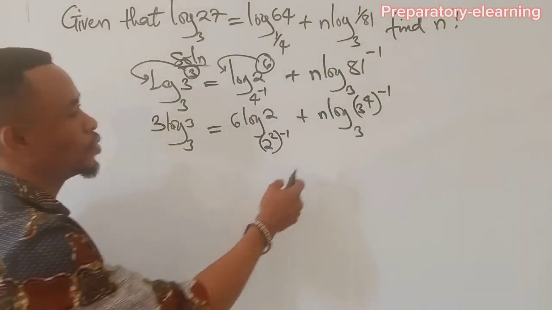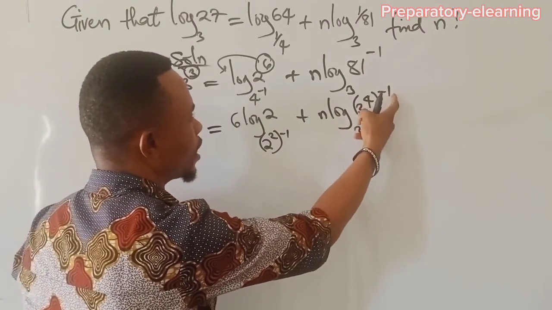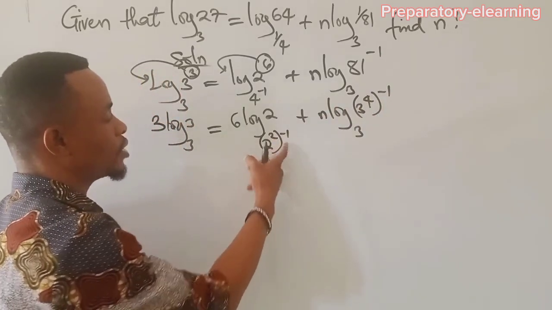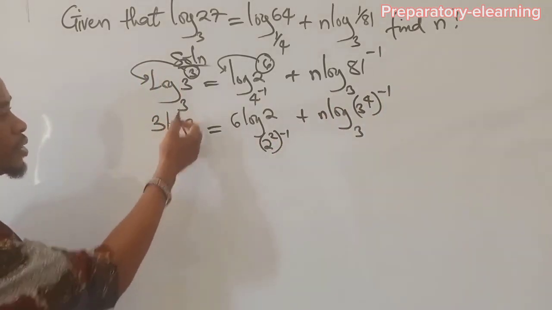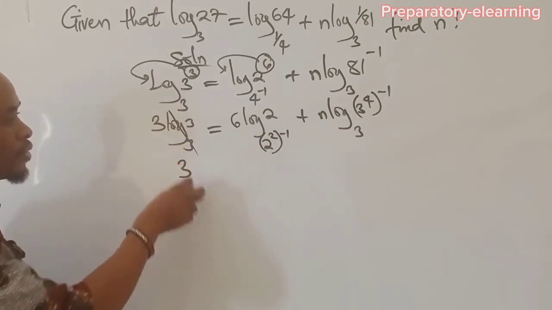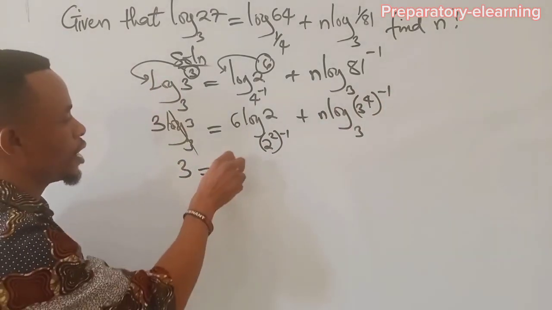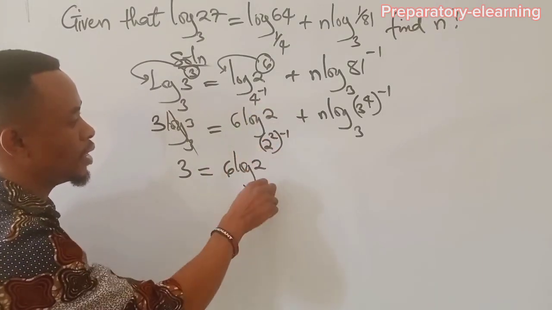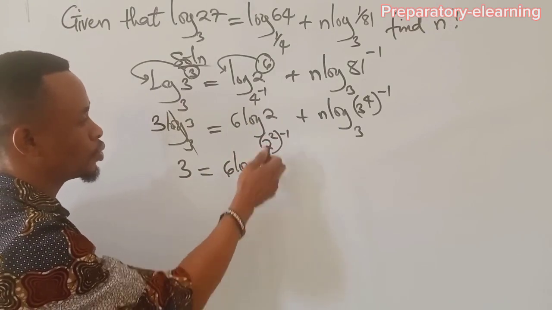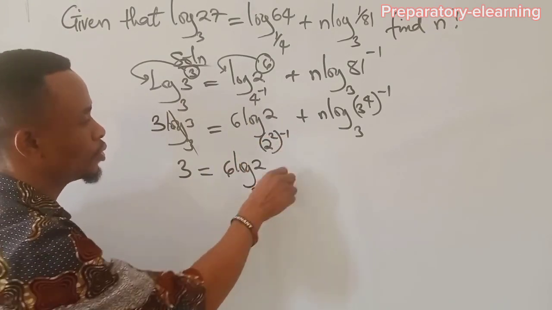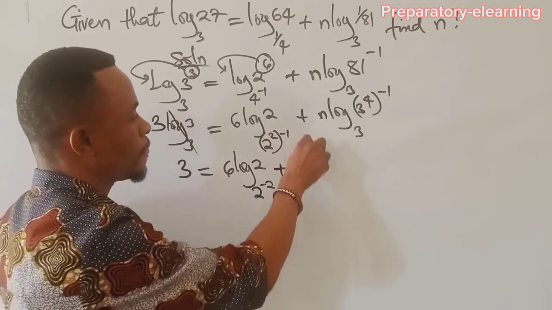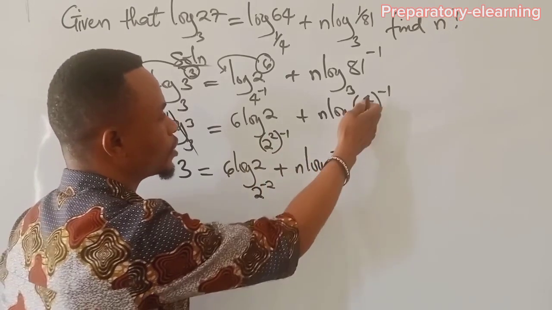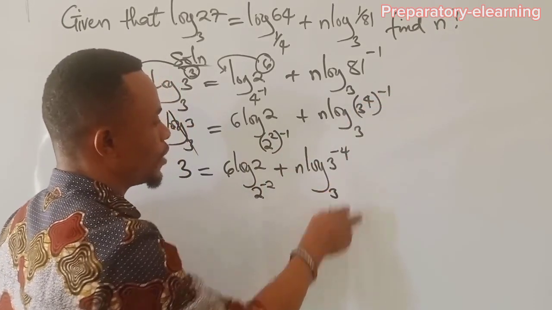So to open the bracket, this power law, multiply the powers together. 4 times minus 1 is minus 4, and 2 times minus 1 is minus 2. So here we have log 3 base 3 is 1. We have 3 equals to 6 log 2 for this, but here is 2 power minus 2. 2 times minus 1 is minus 2 plus n log, we have 3 power minus 4 because 4 times minus 1 is minus 4 base 3.